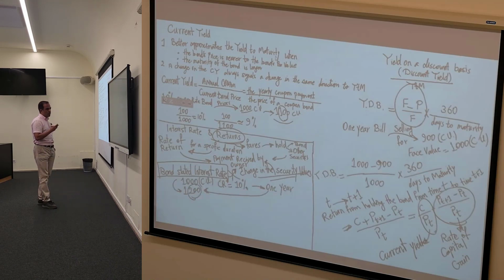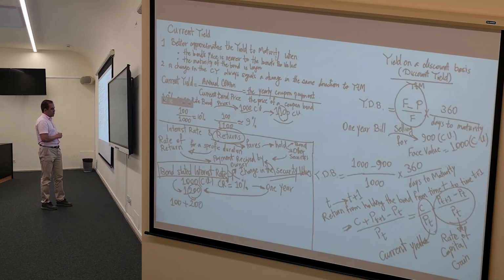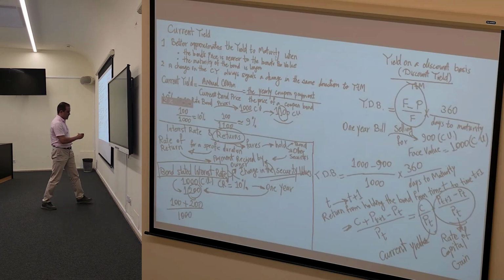So we have the 100 as the coupon payments. So 100 plus these 200 that we have here as the change in its value, the 1,200 minus 1,000, over 1,000.